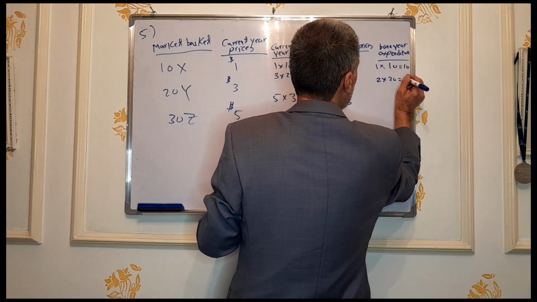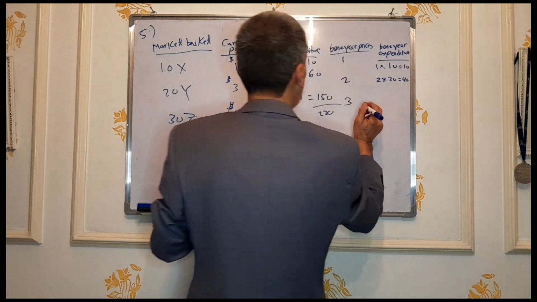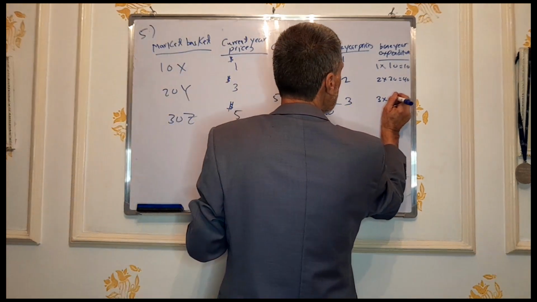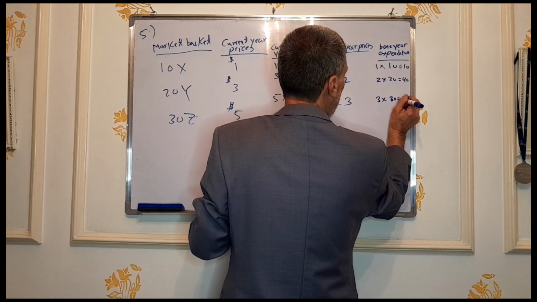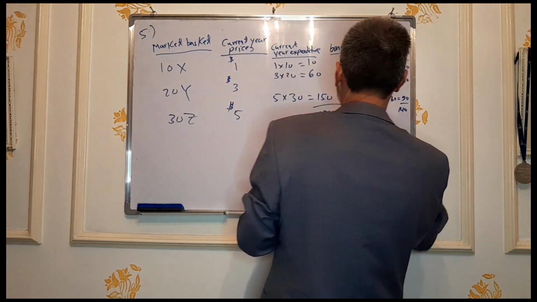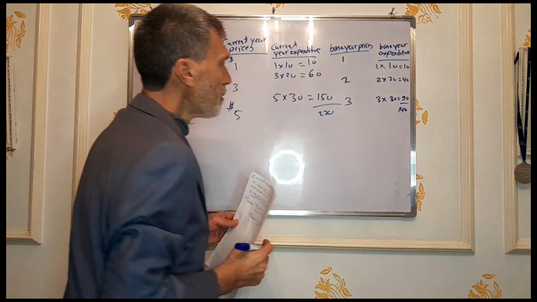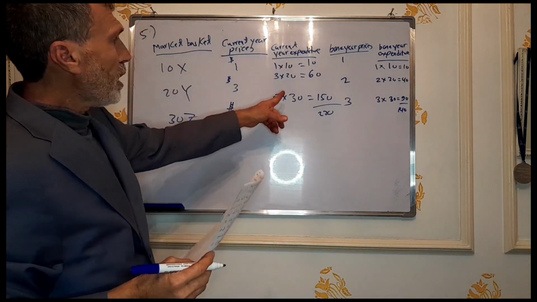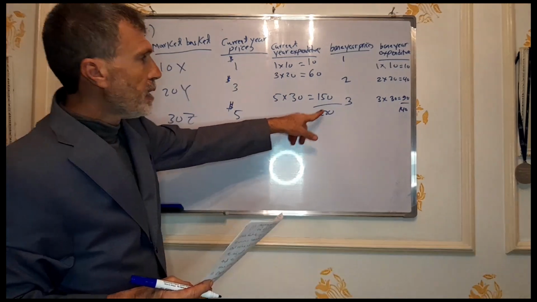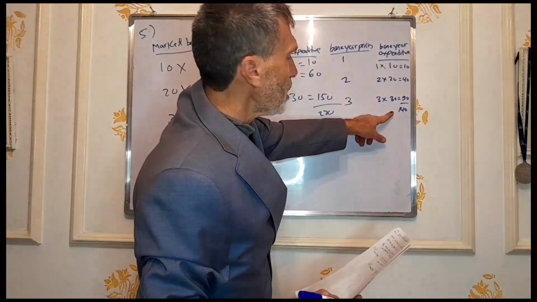You get 10 over here, 40 over here, and 90. So now we get 140. Okay? So now the total current expenditure is 220, and the base year expenditure is 140.